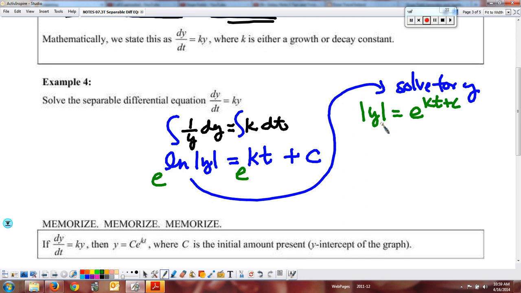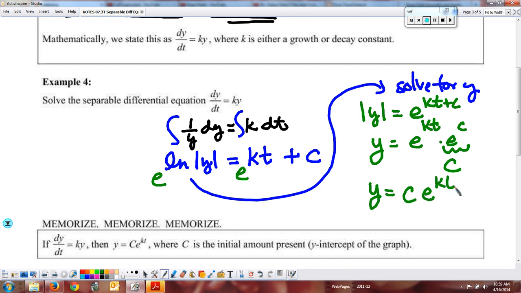And then again, absolute value is not necessary because e is always a positive value. So y equals, and then we absorb just like I did before. I'll show it one more time where we separate this out and then we go, hey, that's really just a constant right there. And we turn it into the mega constant and we're going to think of this as y equals a constant times e to the kt, right?